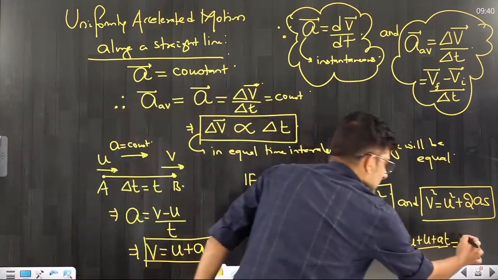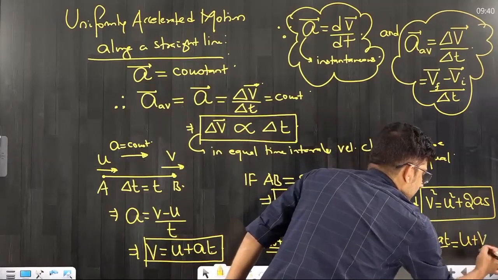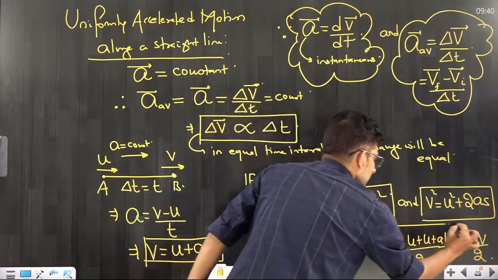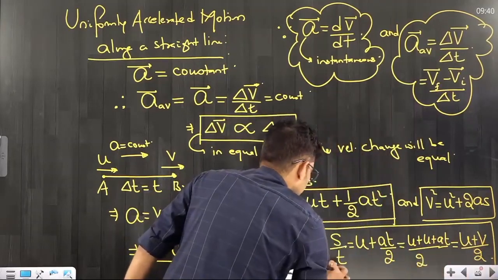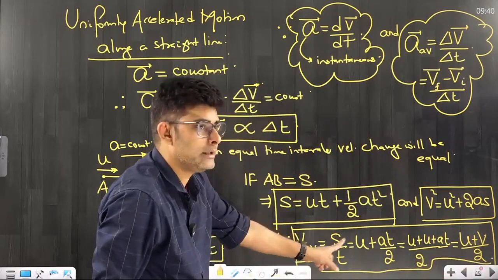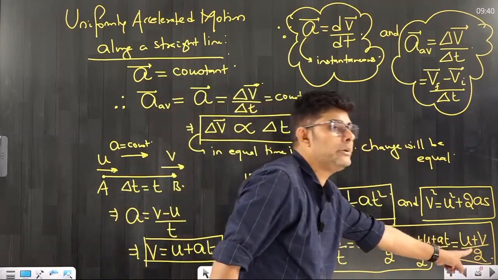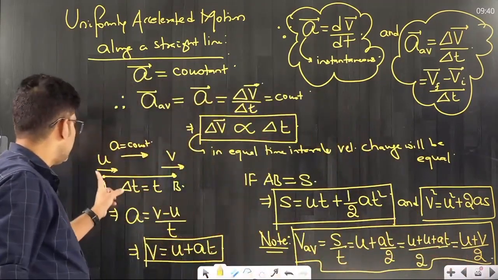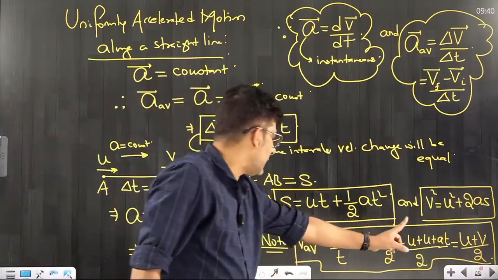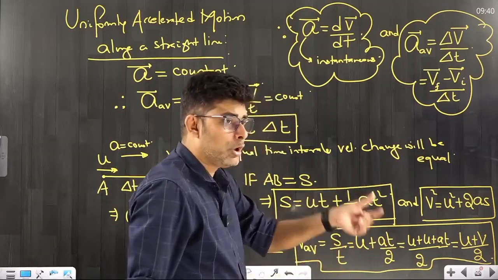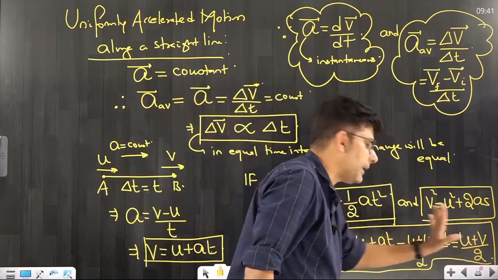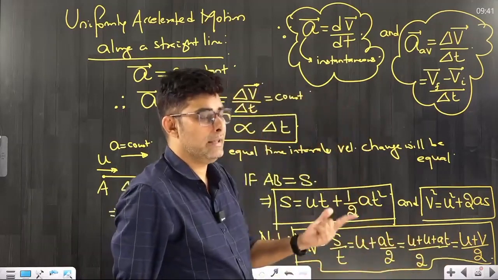So in uniformly accelerated motion, there is a very important and easy formula which you can use in questions. Average velocity, which is displacement by time, can also be written as u plus v by 2, means initial velocity plus final velocity by 2. So this formula can be useful in solving questions. We will see that when s by t is u plus v by 2, it will give you the answer in one line.